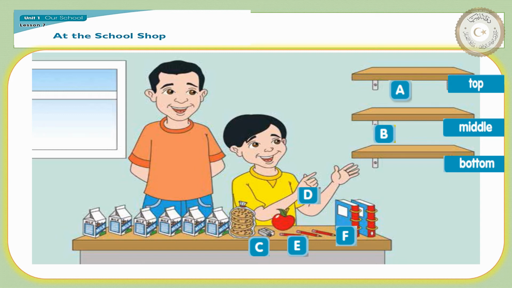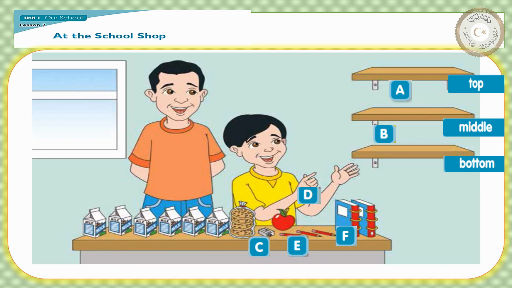So repeat after me. On the top, on the middle, on the bottom. Top, middle, bottom. Okay, so now we have milk on the middle and cookies on the bottom.